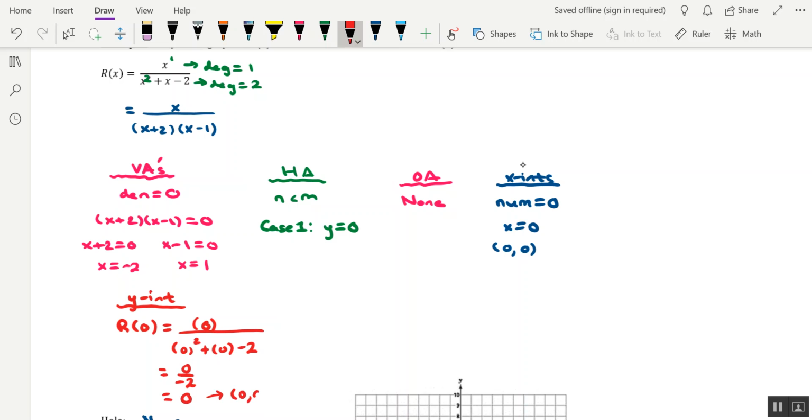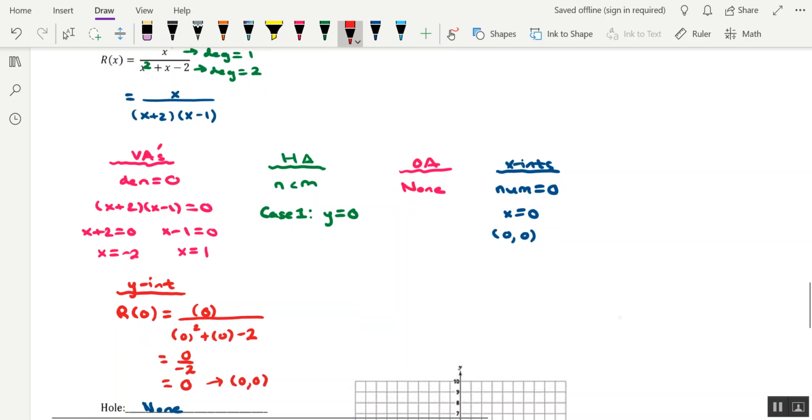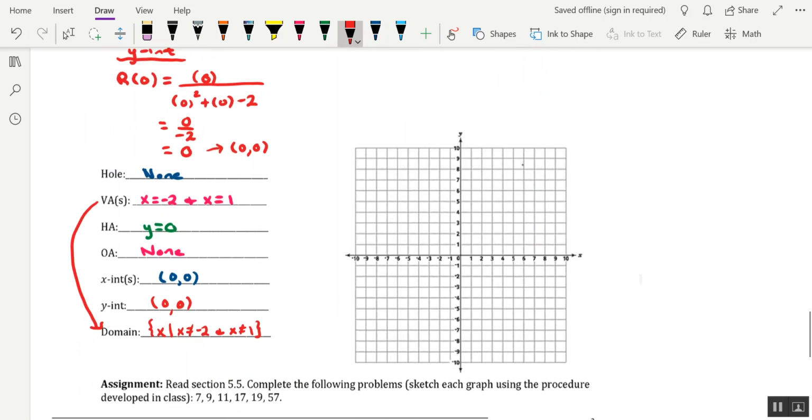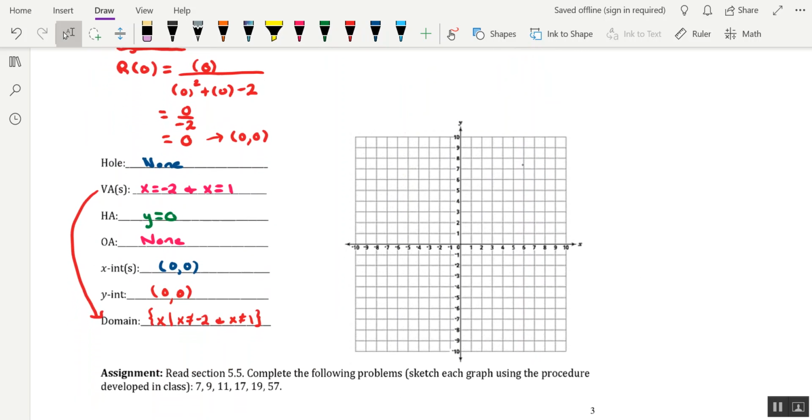So the y-intercept would be at 0, 0. So there's just one x-intercept that's at 0, 0, and the y-intercept is also at 0, 0. So that's about all we can do by hand in terms of gathering information analytically.